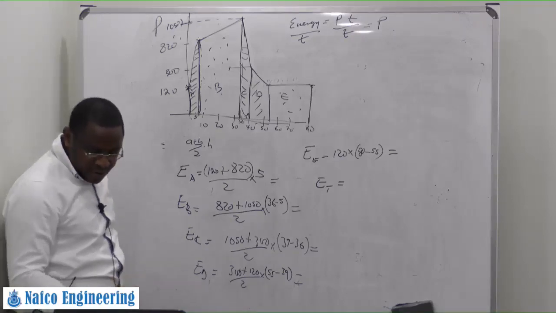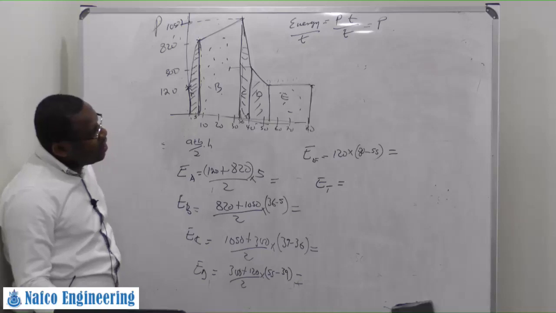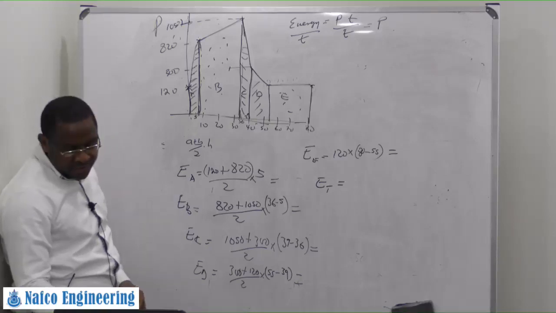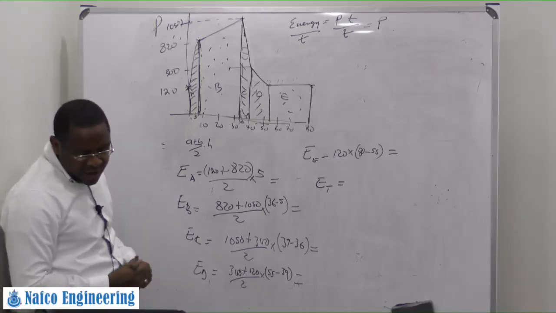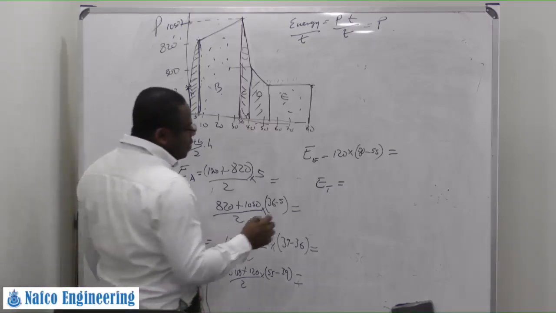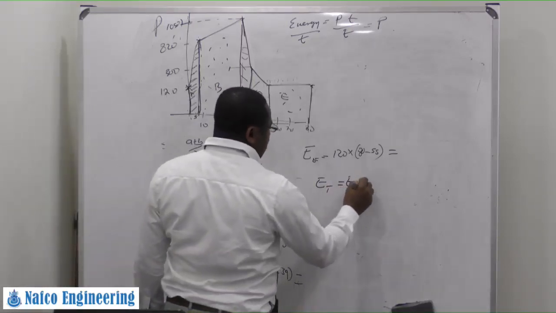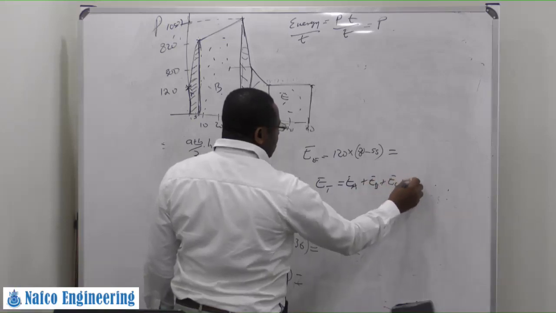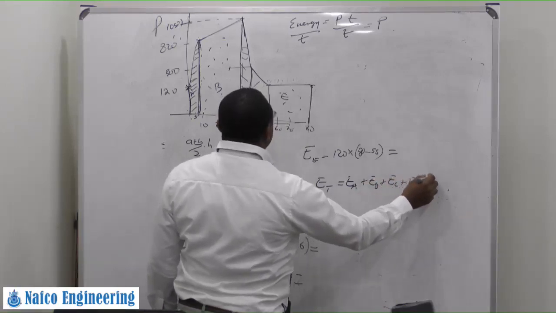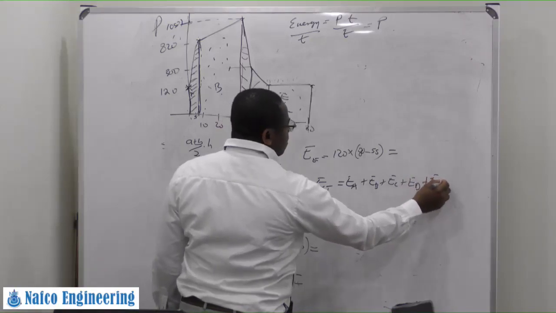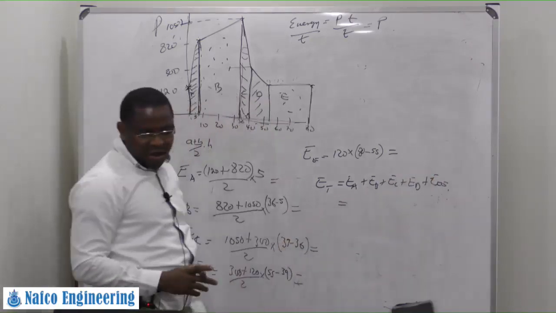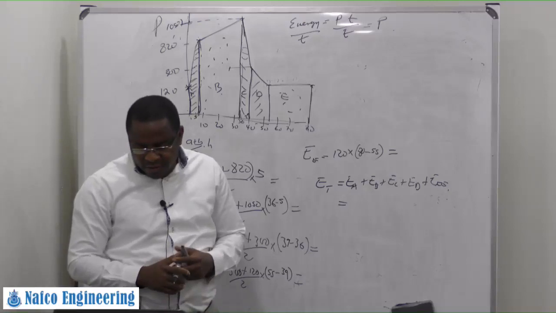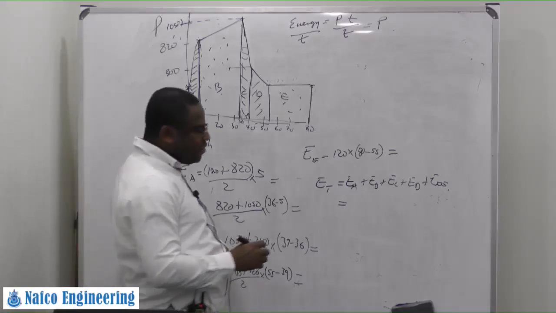All right, so that is what we have there. You add the energies together so that E total will be EA plus EB plus EC plus ED plus EE. If you add them together, you get 39720.